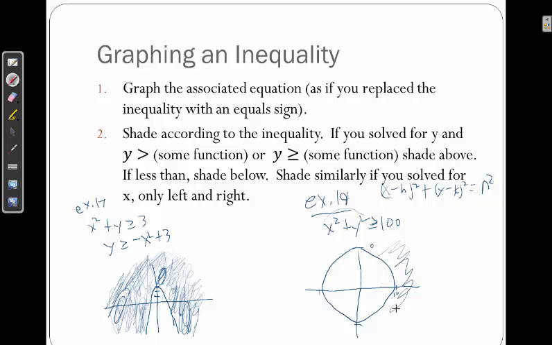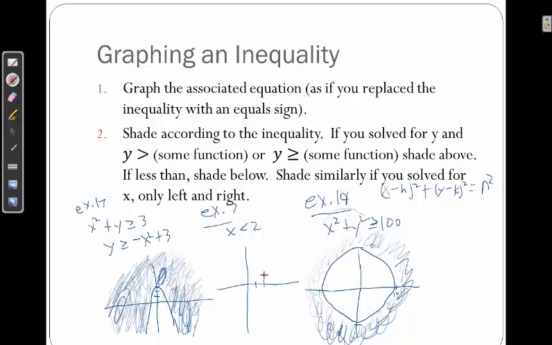So that means everything outside the circle. If it were less than, it would be everything inside the circle. Let's see, the only other thing I would have to say for just a basic inequality would be something like exercise 7. If you have x less than 2, well, x equals 2 would be a vertical line at 2.